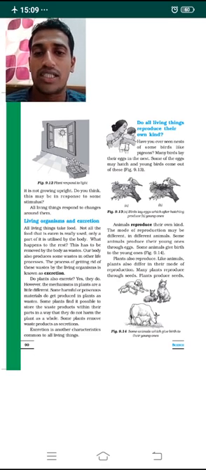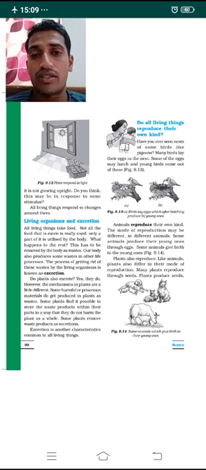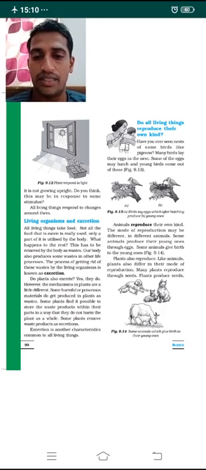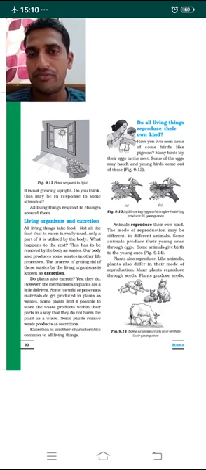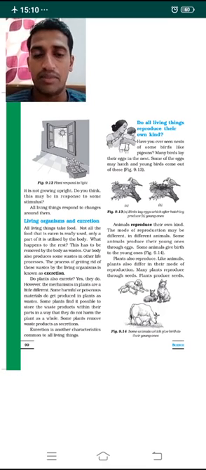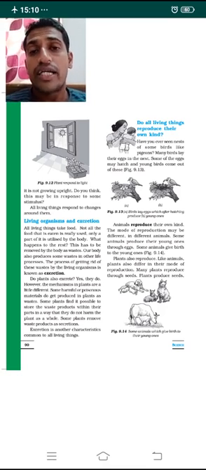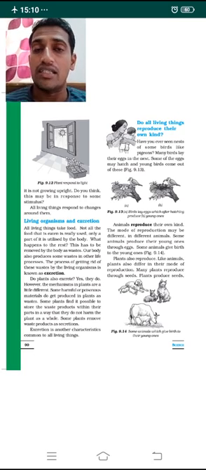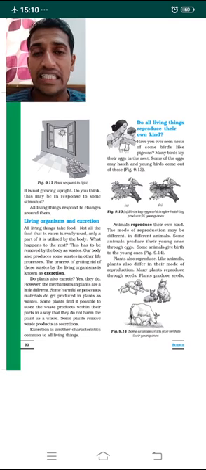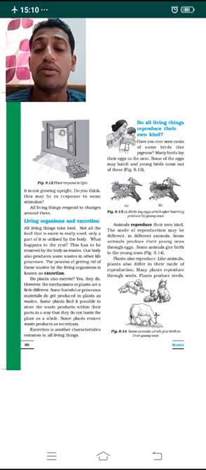Now let's go to the next concept: living organisms excrete, or they go through the process of excretion. All living things, plants and animals, take food. But not all the food which animals eat is utilized by our body. Only some part of the food that we eat is utilized by our body cells. The remaining is a waste product and has to be removed out of our body.